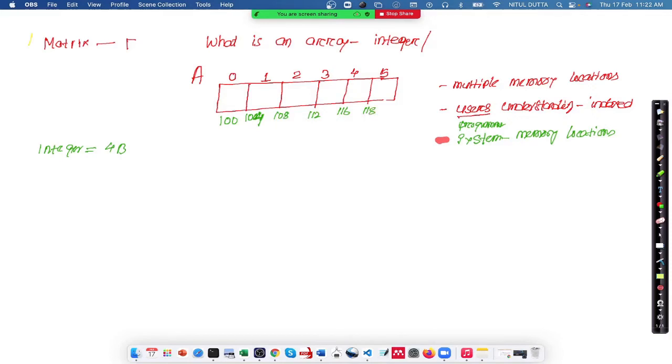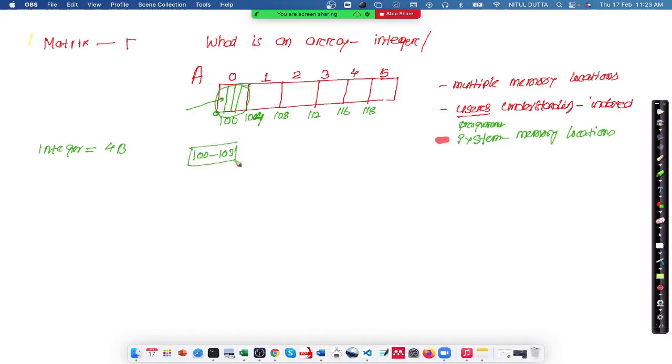Since it has 4 bytes, by 100 I mean the address of the first byte. This location, 0, starts at 100 and goes up to 103.